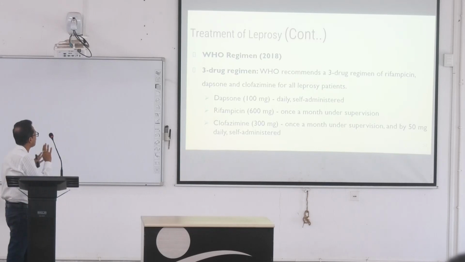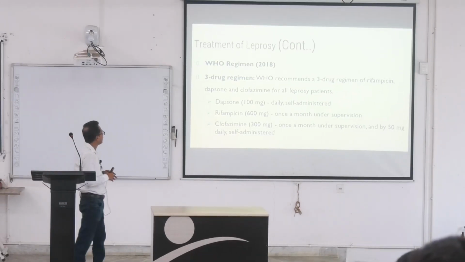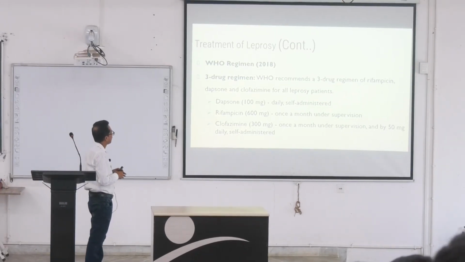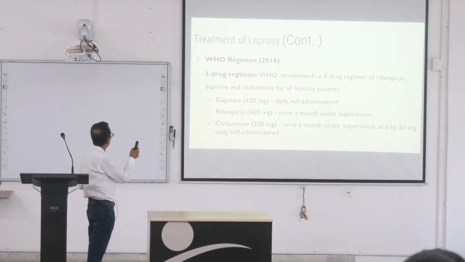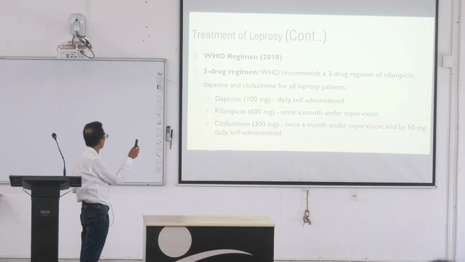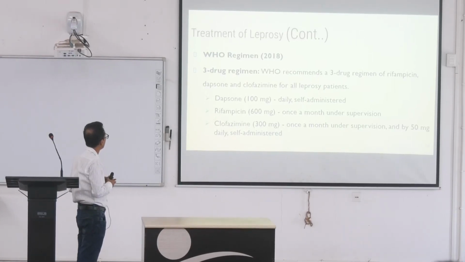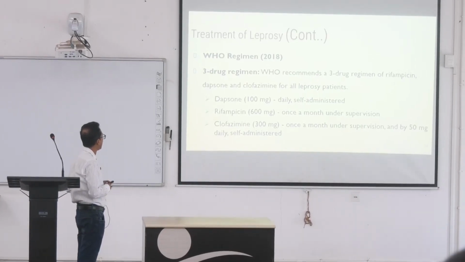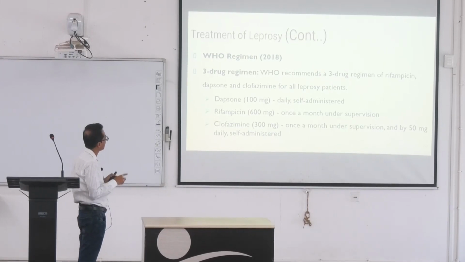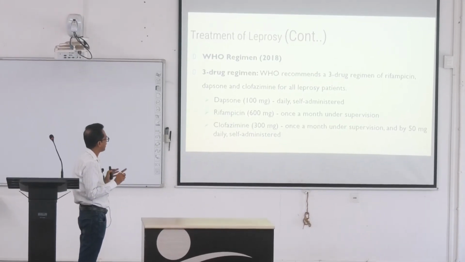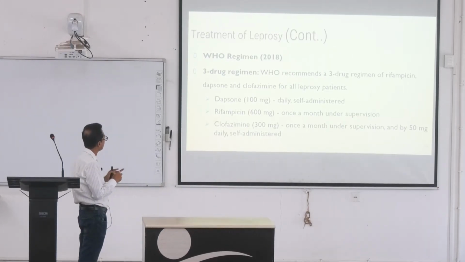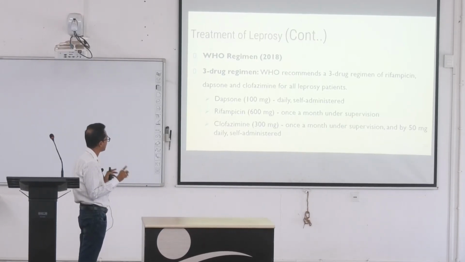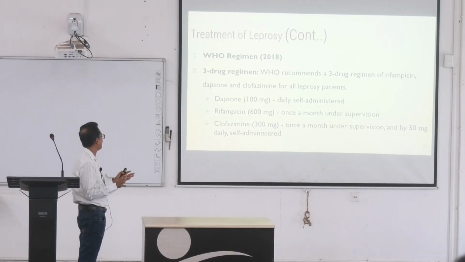Now this is the WHO regime. According to 2018, WHO recommends a 3-drug regime for all leprosy patients. Dapsone 100 mg daily, self-administered; rifampicin 600 mg once a month under supervision; clofazimine 300 mg once a month under supervision and 50 mg daily.